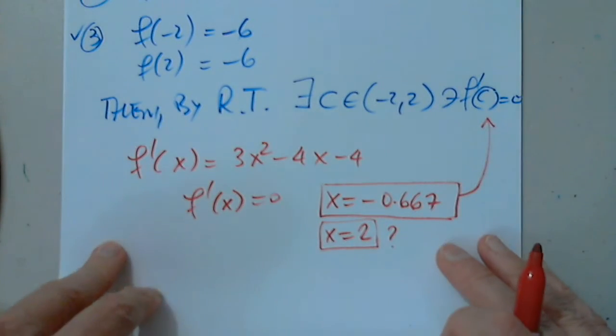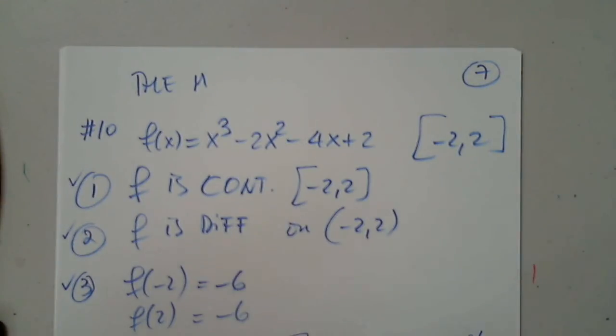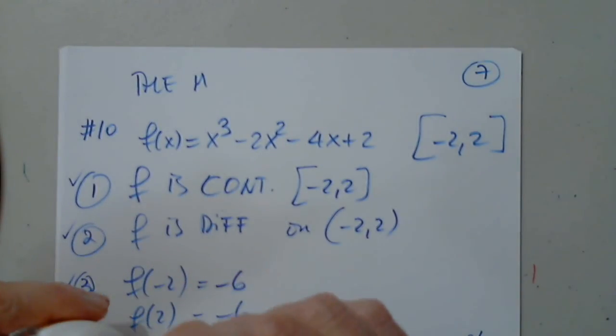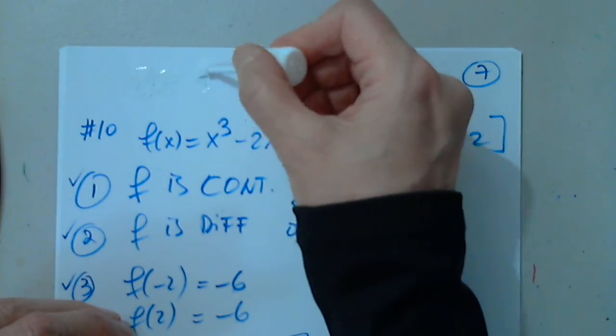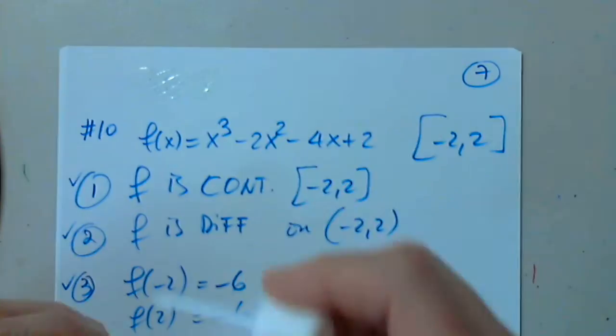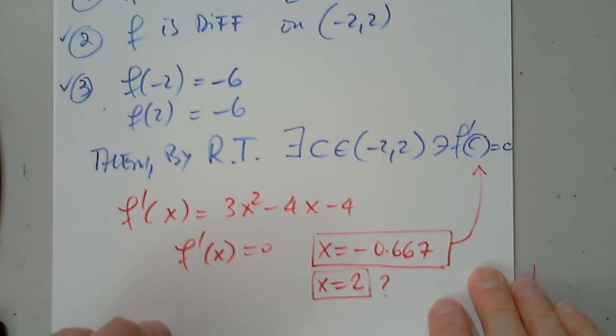Okay, so let's look at the mean value theorem now. Sorry, just 1 second. I don't want to confuse anyone. I always hope that my students will go back and look at this. Okay, so I'm on page 8 now.